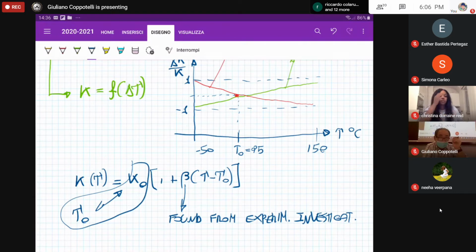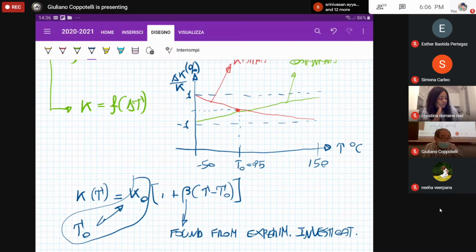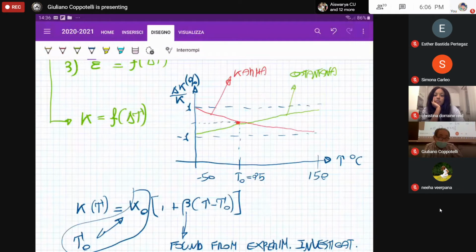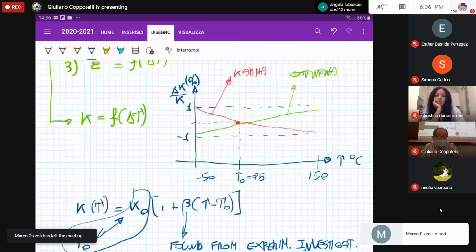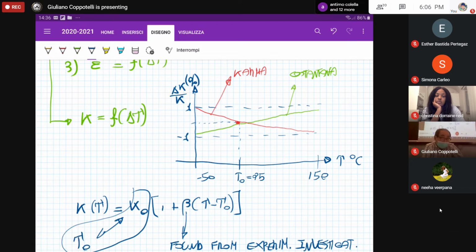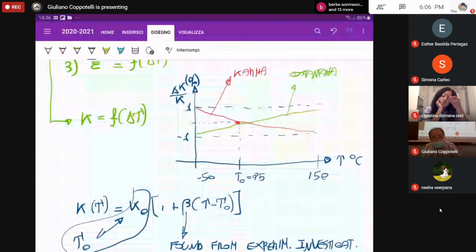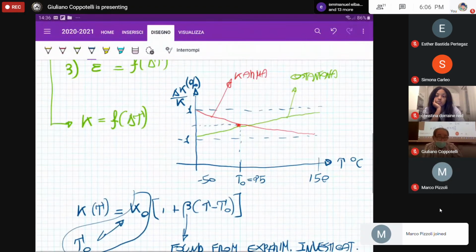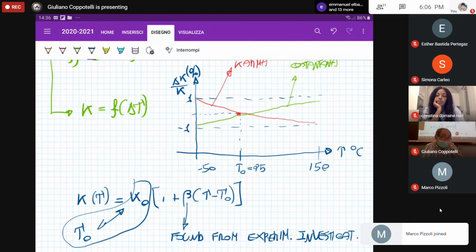Because if you are changing the temperature range, let's say if you are going to higher temperature or very low temperature with respect to the one that I just drew in the plot, then you can have completely different behaviors. Therefore you have to be sure to characterize your operating condition at temperatures that are close to the reference one. So you have to ask for the actual value of the reference temperature and reference strain gauge factor close to the operating temperature that you are looking for.